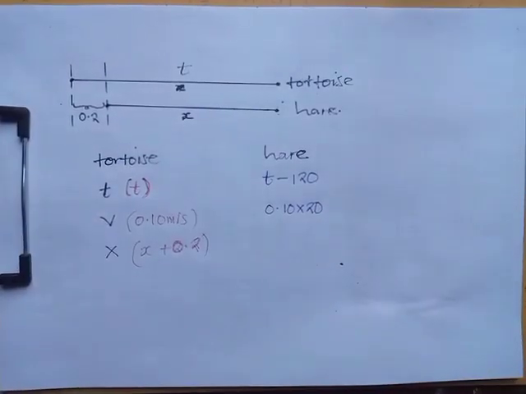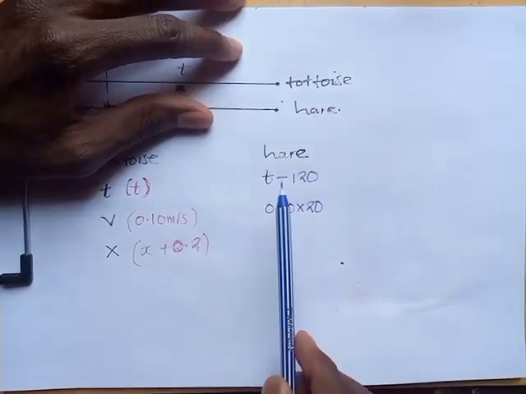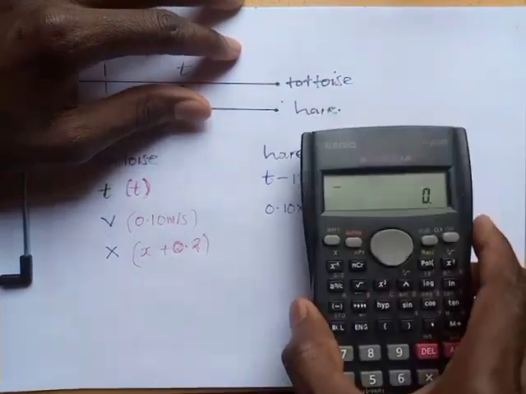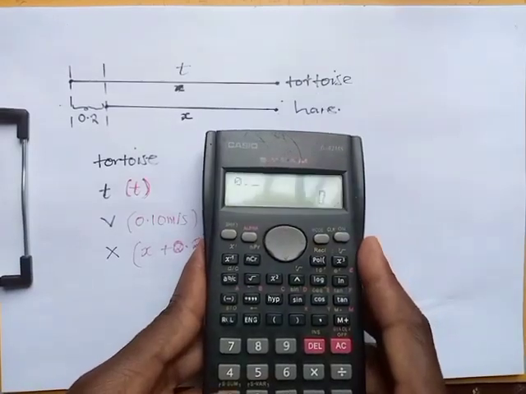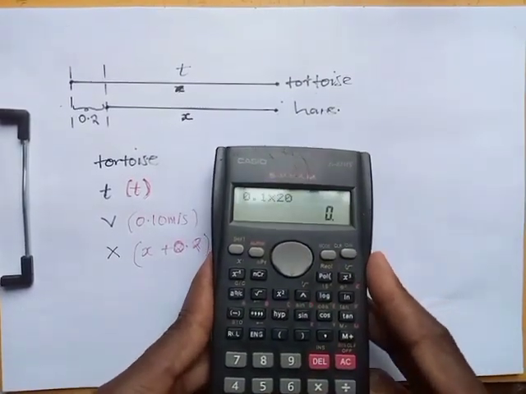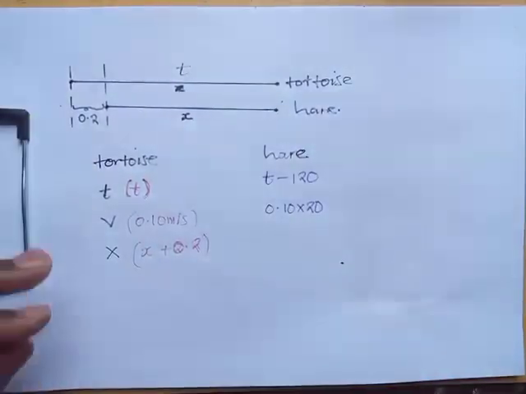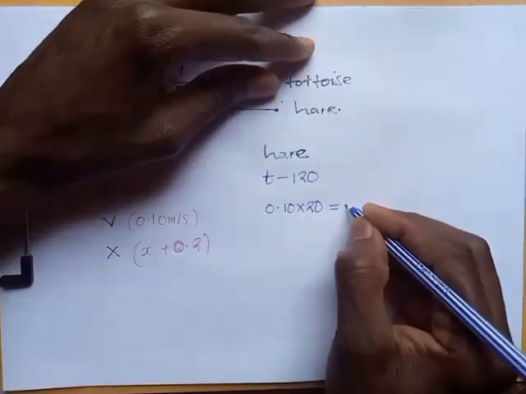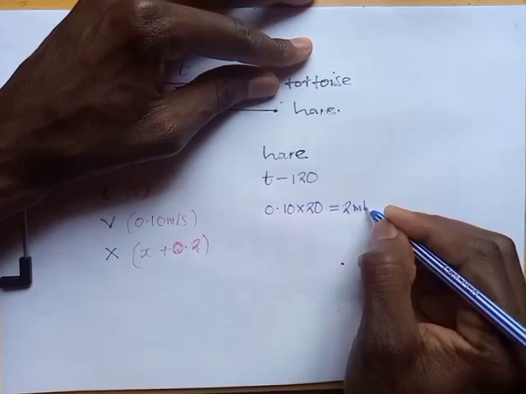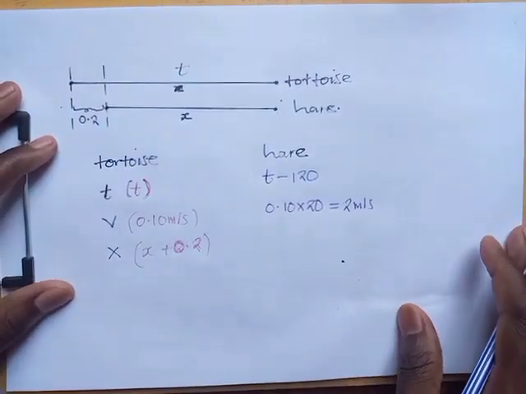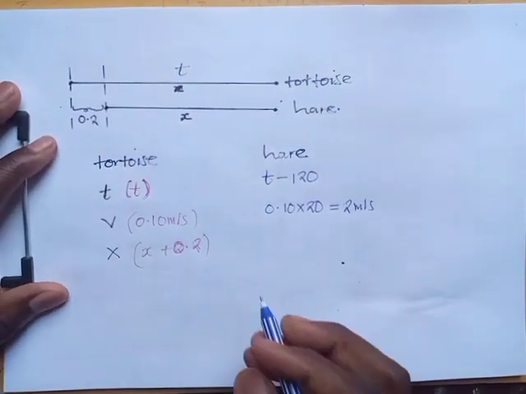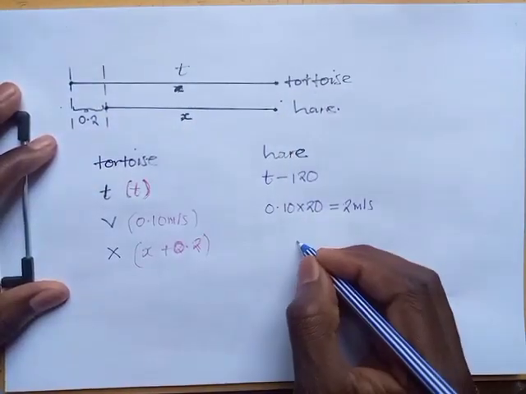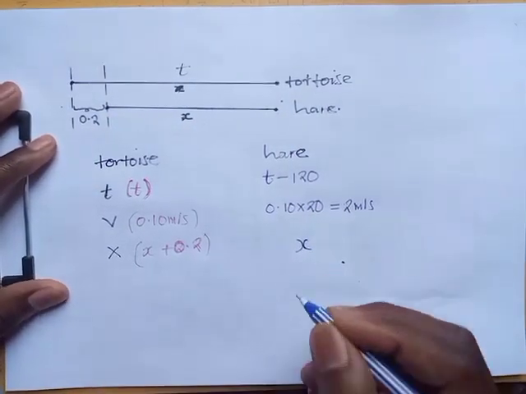Multiplying 0.1 by 20, we get 2. So I'm going to have 2 meters per second as the velocity of the hare. Remember, the hare had covered the full distance. It completed the race, so it will just have x.